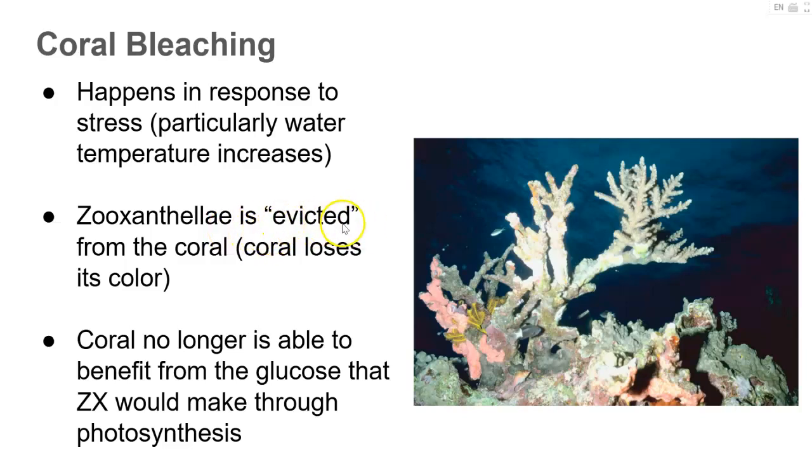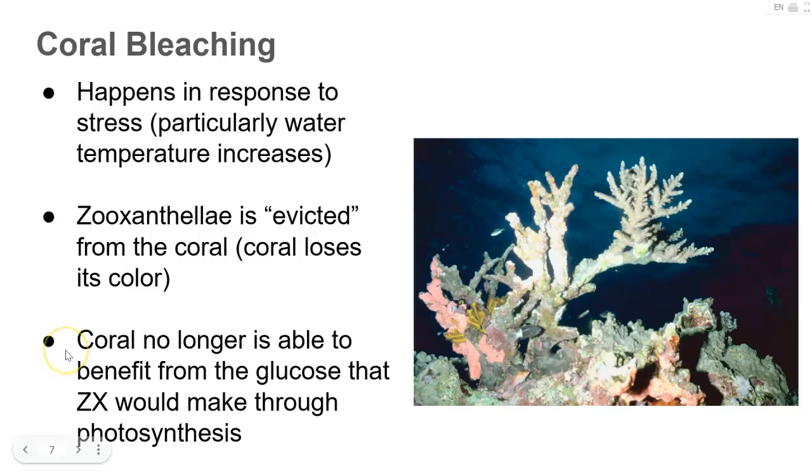It's kicked out of the coral cells. This causes the coral to lose its color because the zooxanthellae is what is making the color. Now, the coral kicks out the algae because it's stressed. That doesn't necessarily mean that the coral is able to survive better. It's just kind of a panic response of sorts.